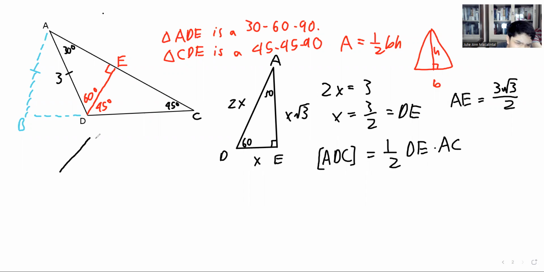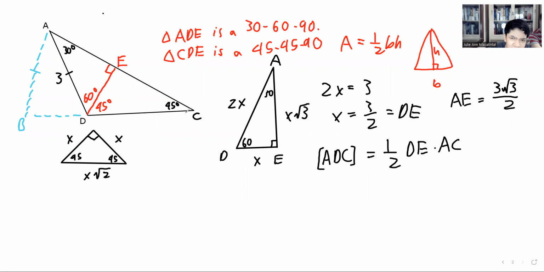So for EC, we already found what x is, which is DE. For a 45-45-90 triangle, I'll just use the line tool again so it will be clean. So for a 45-45-90 triangle, this is x, this is x square root of 2. Okay, let me think. Yes, indeed, this is x square root of 2.